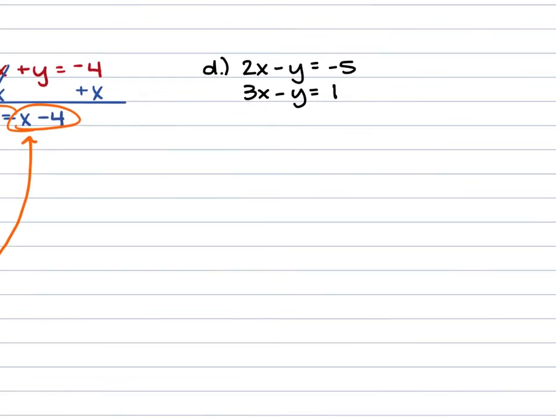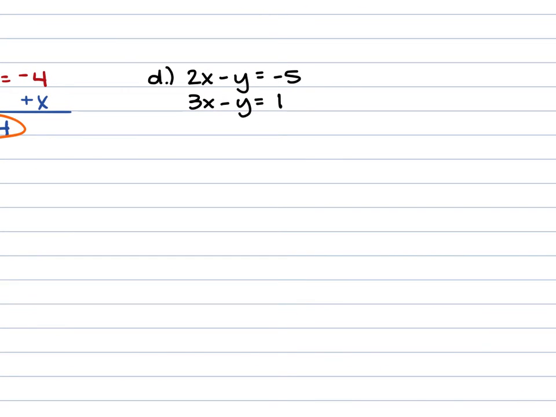For D, we have 2x minus y is equal to negative 5, and 3x minus y is equal to 1. It doesn't matter which one I choose to solve for y in. I'm going to use the top one just because it's the first one that's there. So I have 2x minus y is equal to negative 5.